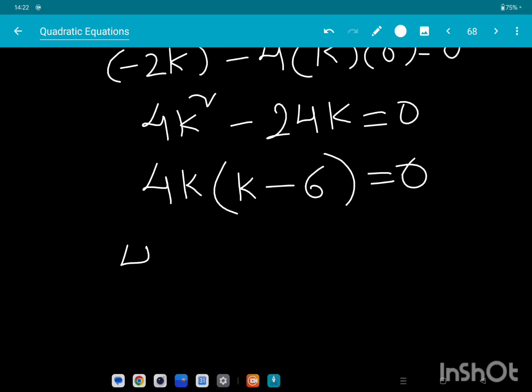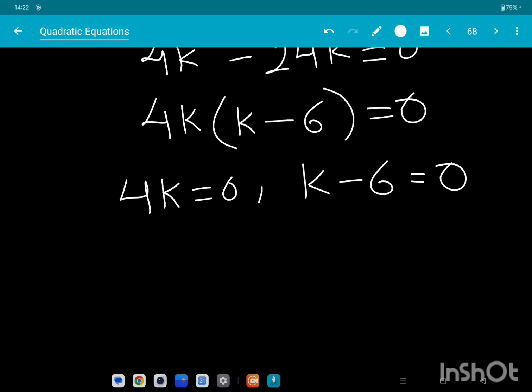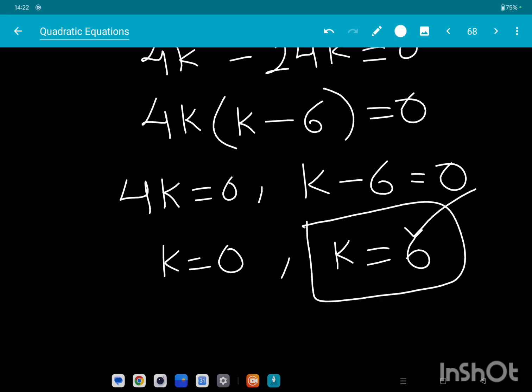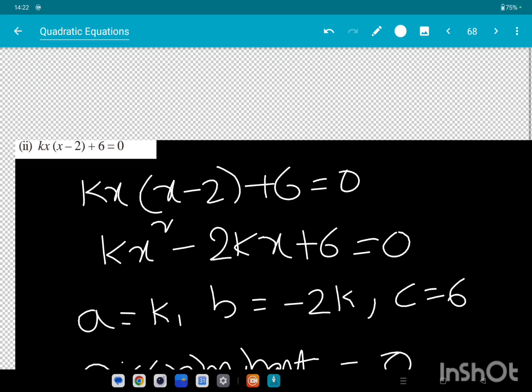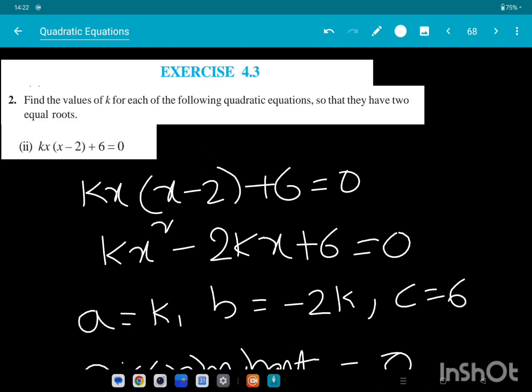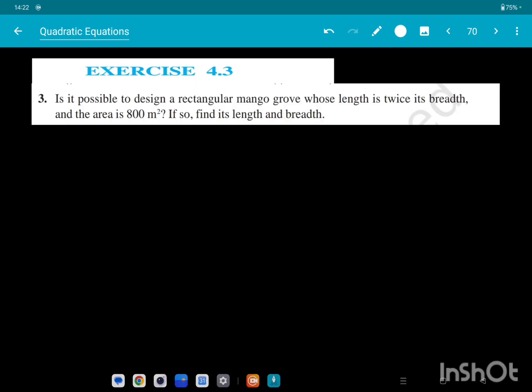So I will write it as 4k is equals to 0 and k minus 6 is equals to 0. Am I on the right way? Yes, it is correct. Now here the k value is 0, which we don't need here, and here the k value is 6. So we find that k value is 6 in this equation. This is the way we will find out the k value in these type of questions. Now move on to the next question.